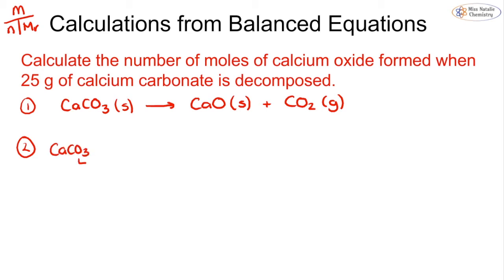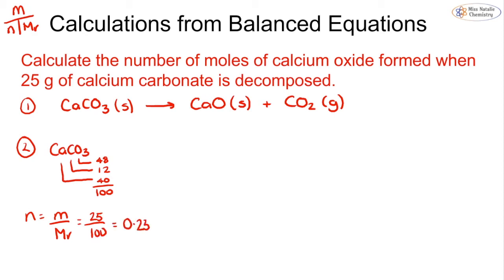So we have CaCO3, and that would be 3 times 16 is 48, 1 times 12 is 12, 1 times 40 is 40, giving us an MR of 100. So our number of moles is mass over MR, which is 25 over 100, and that is 0.25 moles of calcium carbonate.